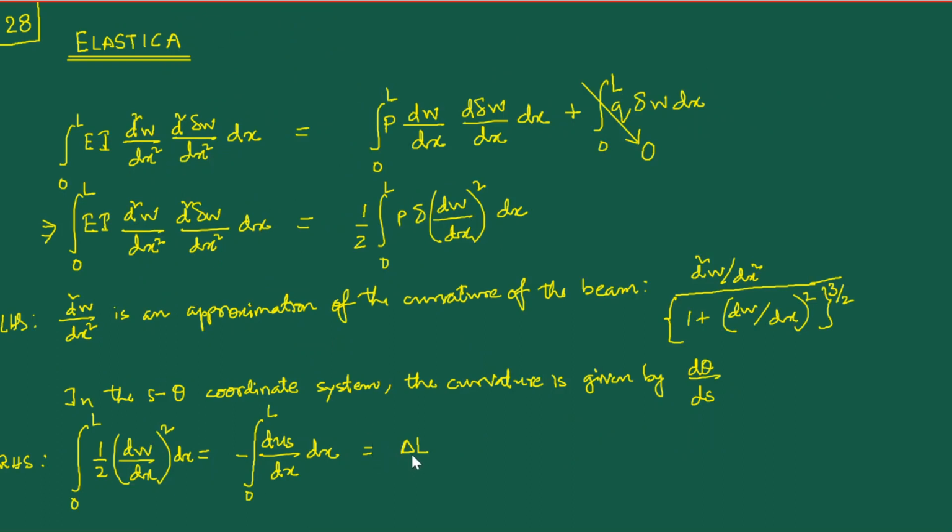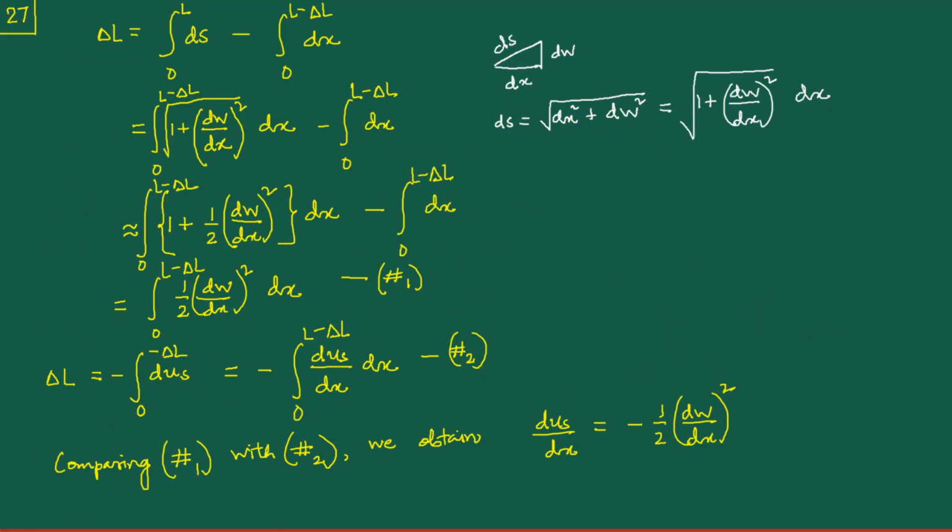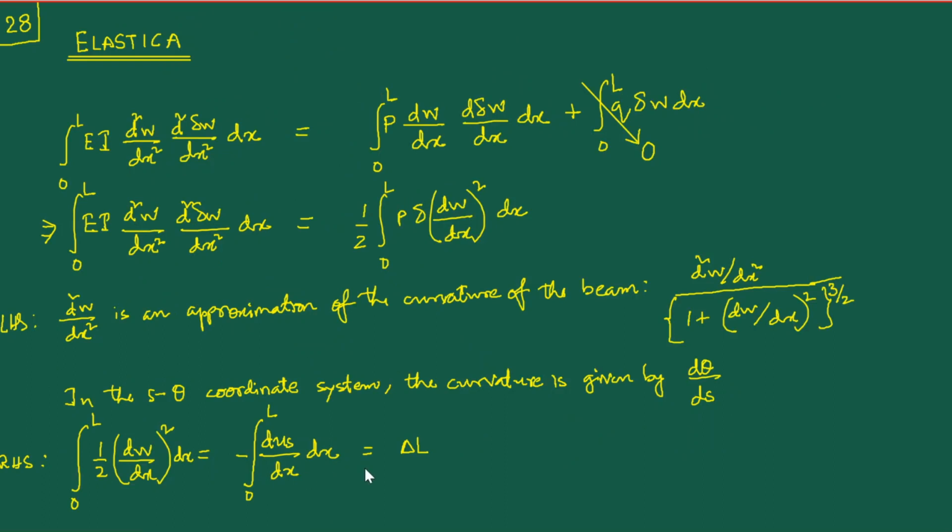What I wanted to show was that there is a L minus delta L here. So previously what we had shown was that this integration 0 to L minus delta L dus dx is equal to minus of delta L, or the other way around. And what we are saying now is that this thing with the 0 to L is equal to delta L. So there is a little bit of a mismatch.